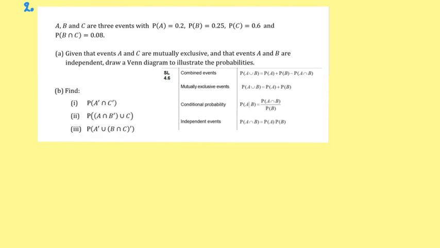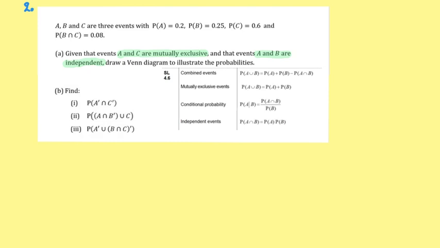Right, there's two very important pieces of information there. We are told that A and C are mutually exclusive. That means that there is no intersection between A and C. And we're also told that A and B are independent.